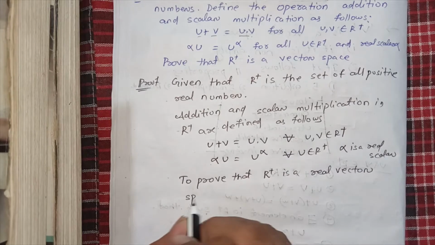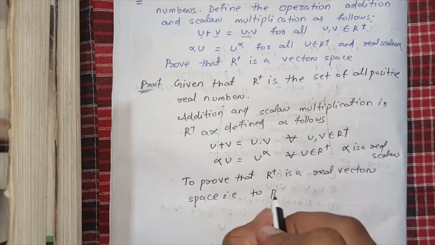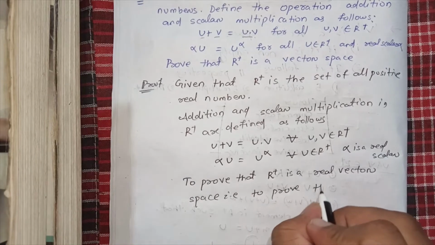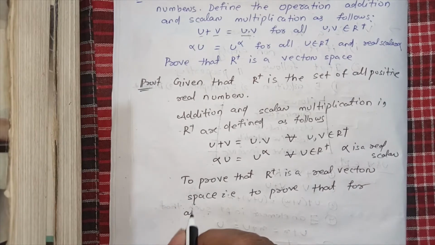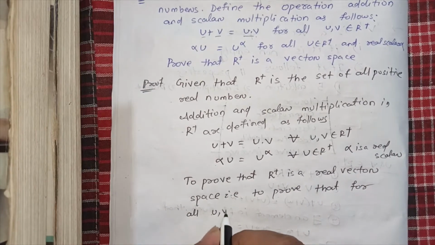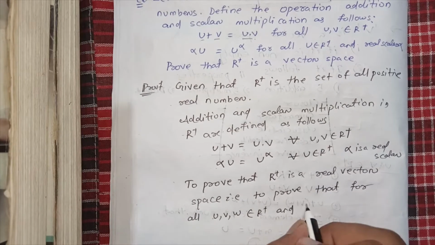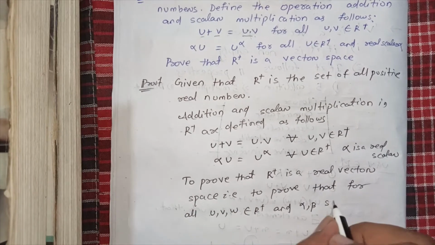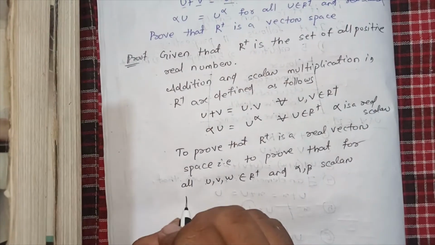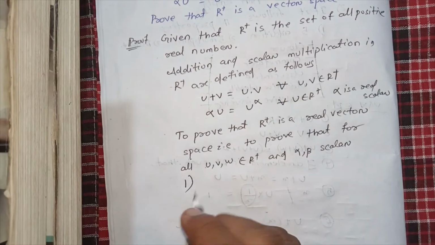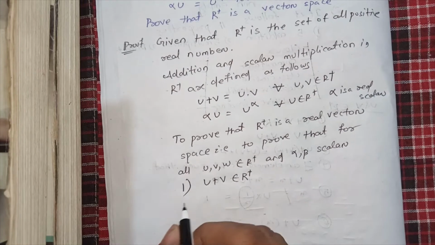That is, we have to prove that for all u, v, w belonging to R plus, and alpha, beta scalars, the first point is that u plus v belongs to R plus, that is the closure property.